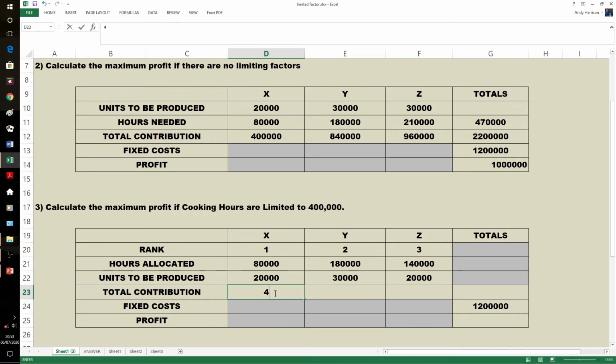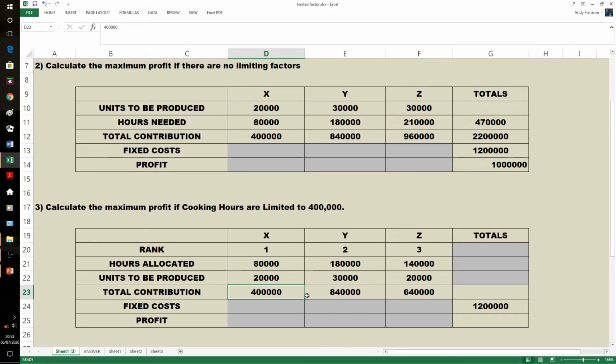This one won't change, and that won't change either because we're making the full quota. It's this one that will. So we can either do the 140,000 times the cooking hour contribution, or we could do 20,000 times 32. So 140,000 times the 4.57 or 20,000 times 32 will be the same answer, 640,000.